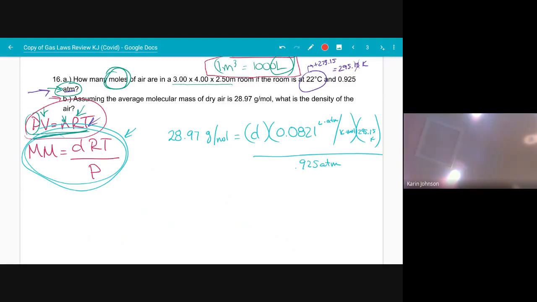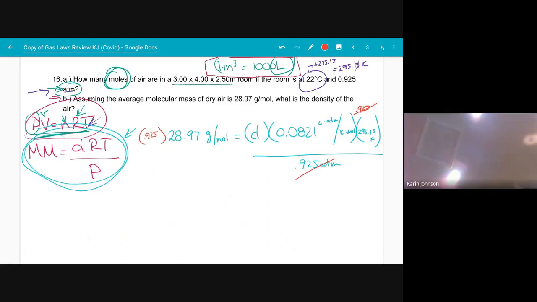I'm just reminding you of your algebra. If I multiply by 0.925 on this side, it would cancel this out. What I do to the right side, I need to do to the left side, so I'm going to multiply by 0.925 atmospheres on the left side.